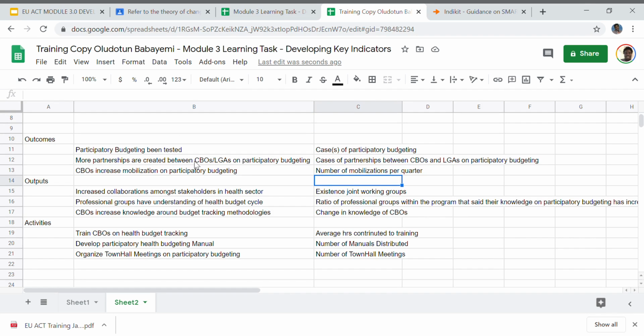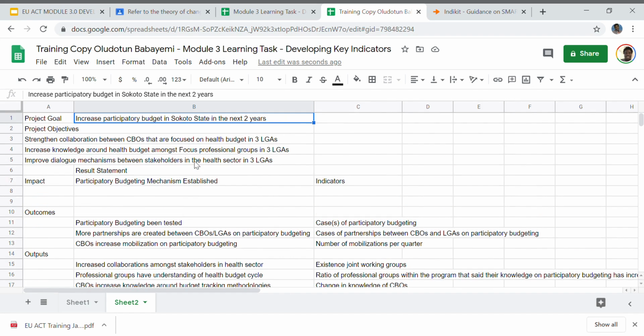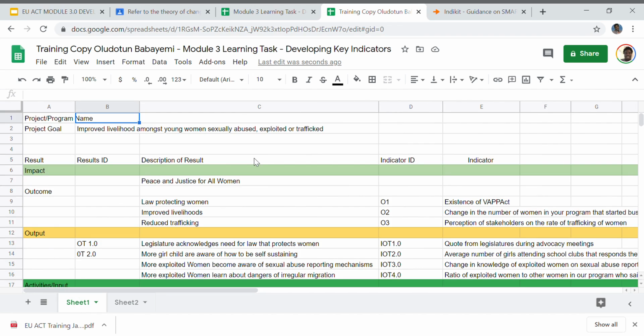We have looked at two examples critically, and you can make use of that in your learning task. You can come up with different ideas depending on your project objective.